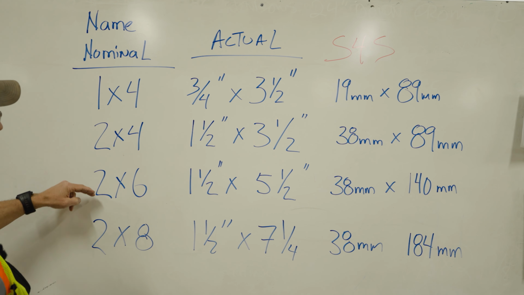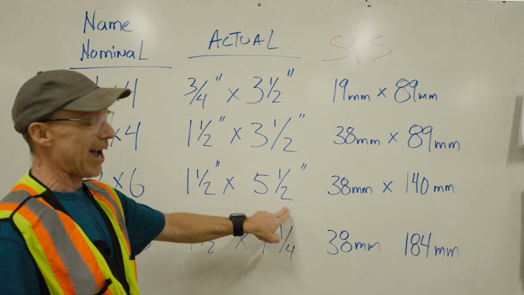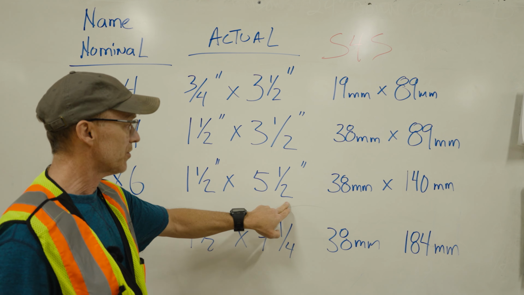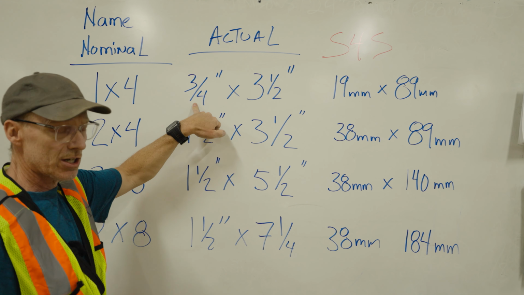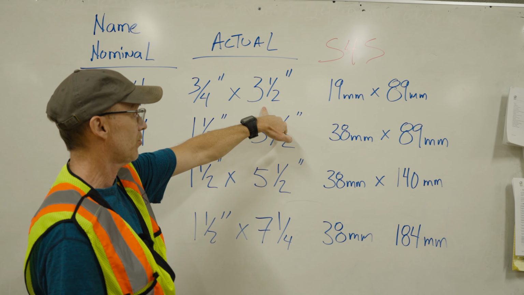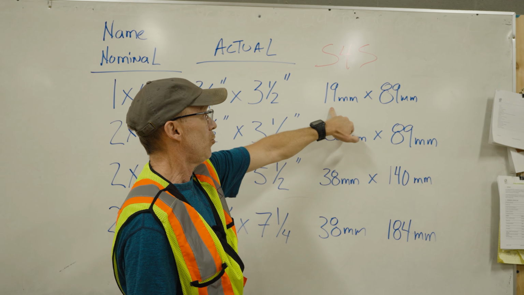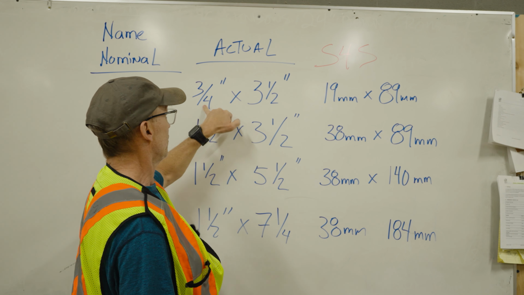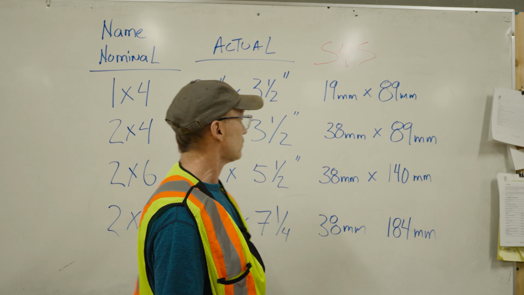The first three follow a pretty good sort of a half-inch deduction, we might want to call it. It's fairly standard. A 1x4, rather than being an inch thick, is 3/4 of an inch thick. And instead of being 4 inches wide, it's 3.5 inches wide. If we want to use metric, we can apply 19 millimeters for 3/4, 3.5 inches, 89 millimeters wide.